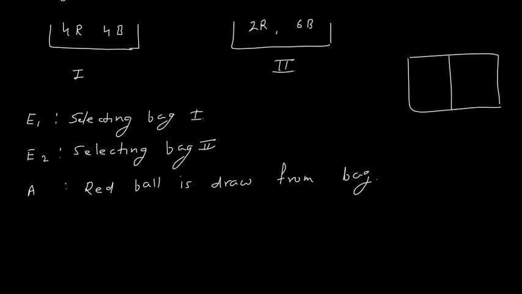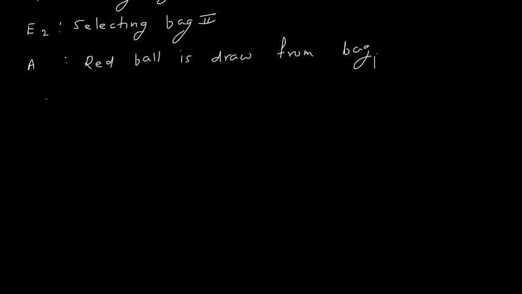Now, probability of E1, selecting any of the two bags, is what? 50-50. So, probability of E1 and probability of E2 are 1 by 2, 1 by 2.